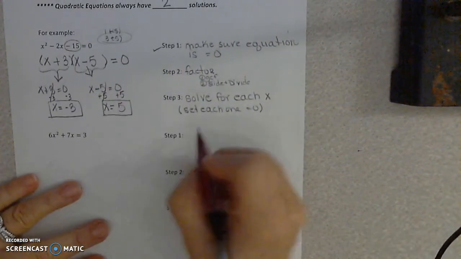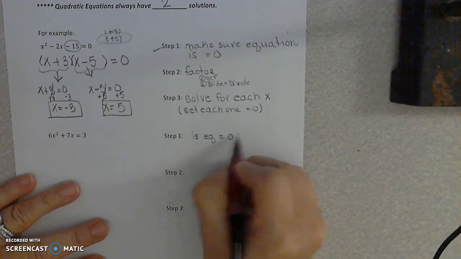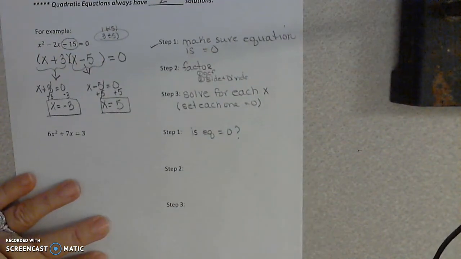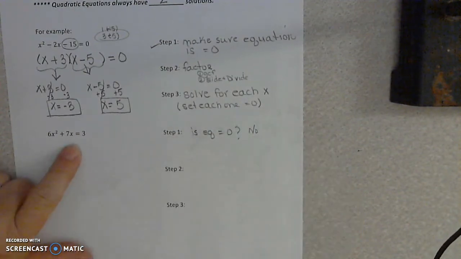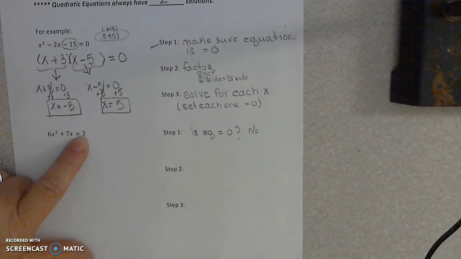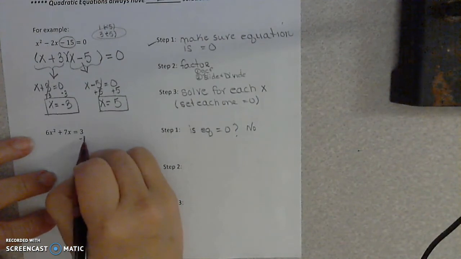Let's see. Is the equation equal to 0? I do not think so. It is not. How do we get it equal to 0? How would I get 0 over here when I have a positive 3? Add the opposites.